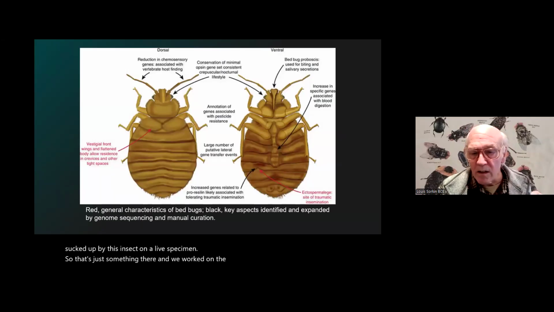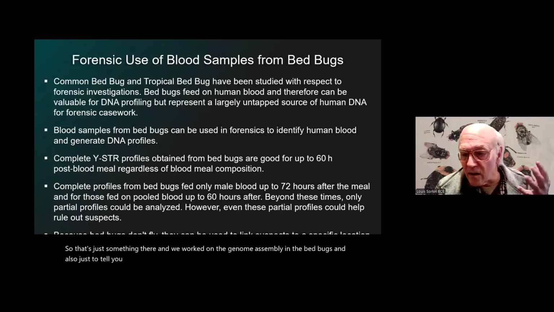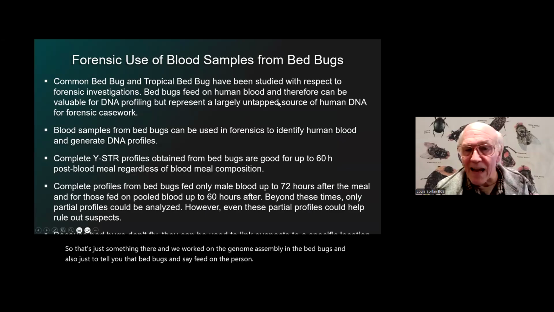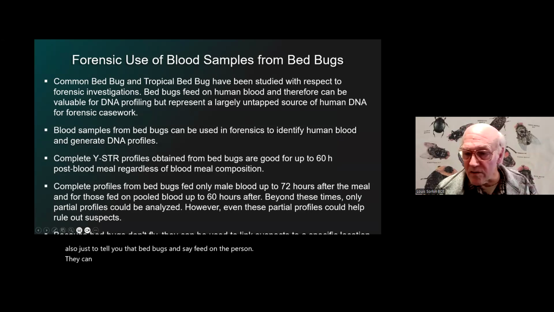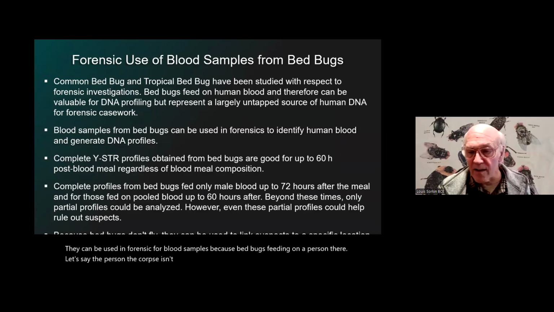And also, just to tell you that bed bugs, since they feed on the person, can be used in forensics for blood samples. Let's say the corpse isn't there anymore, bed bugs are there and they're plump.